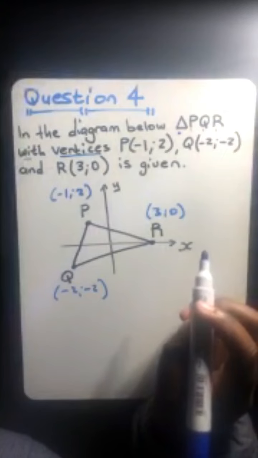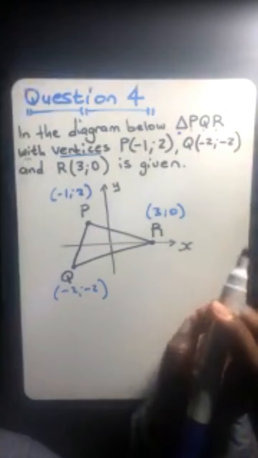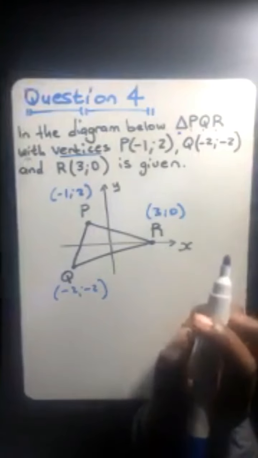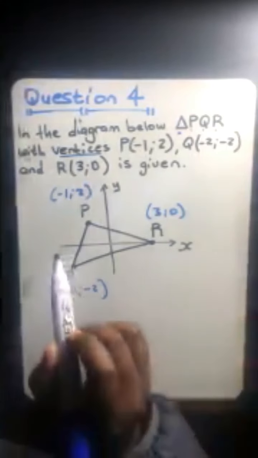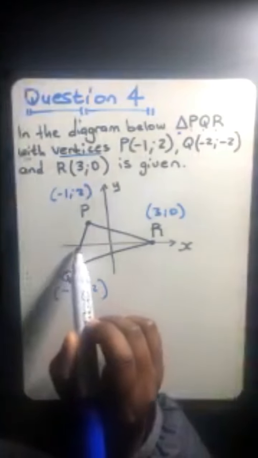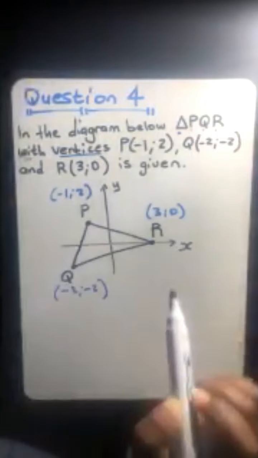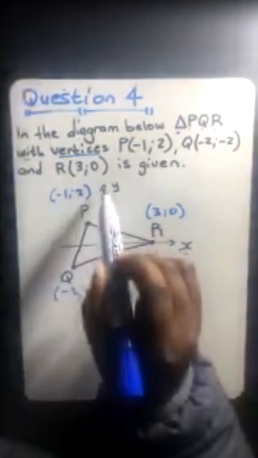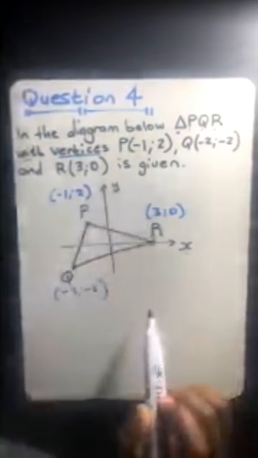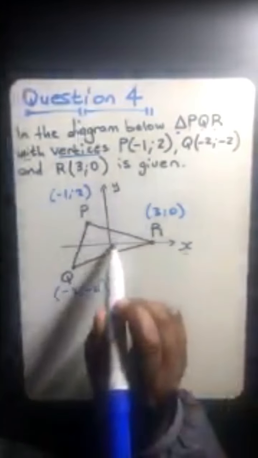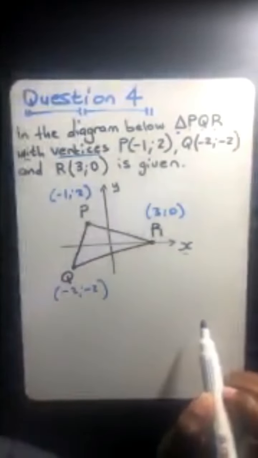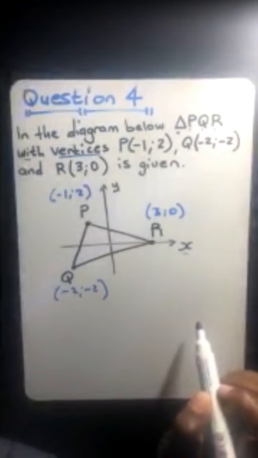Okay, so before I start tackling the questions, ladies and gentlemen, I just want you to be aware that we've got what we call a Cartesian plane. What is a Cartesian plane? A Cartesian plane is made of two axes, being this one called the x-axis and the vertical one called the y-axis, having the point of intersection being called O, which stands for the origin.